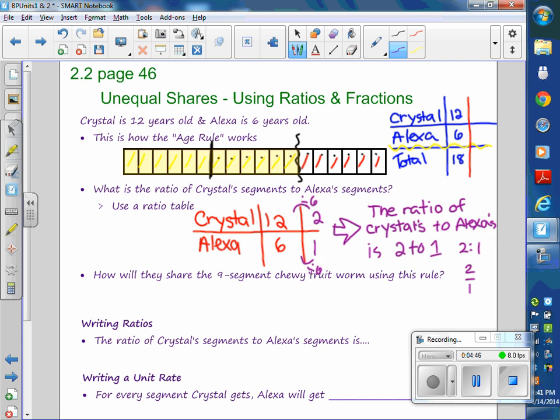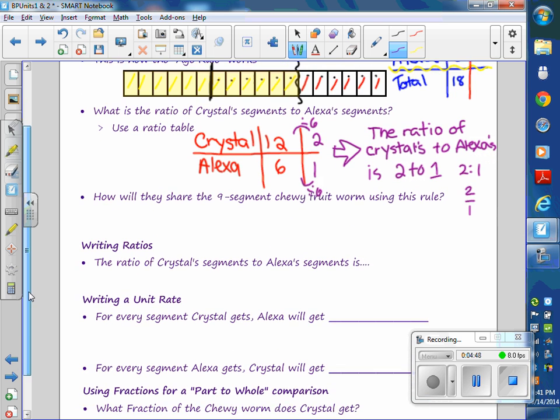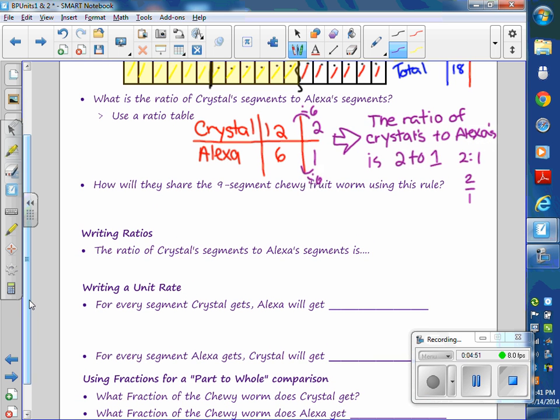So that's one way. The next question is, how will they share a 9-segment chewy fruit worm using this rule? So it gets kind of annoying to keep drawing the pictures. So if there's 9 segments, you have to try to think of a way to break it up with the ratio of 2 to 1.